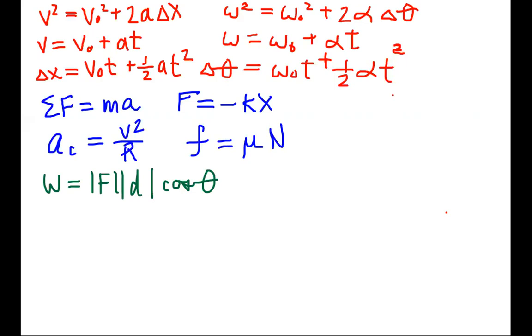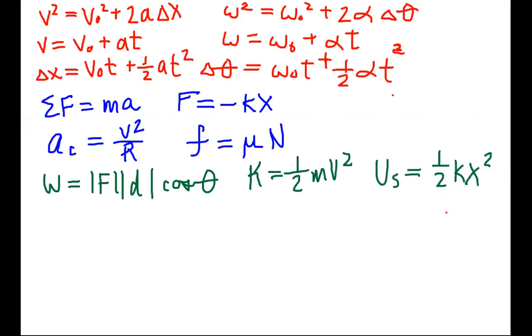And while we're talking about work and energy, we can go over what we did earlier, which is that kinetic energy is equal to 1/2 mv squared. Then we have potential spring energy, which is 1/2 kx squared, and potential gravitational, which is mgh.